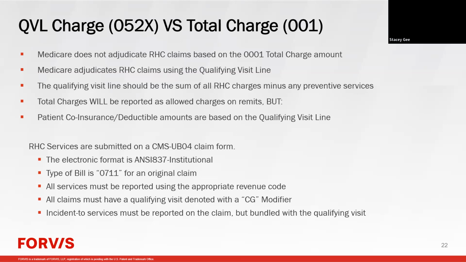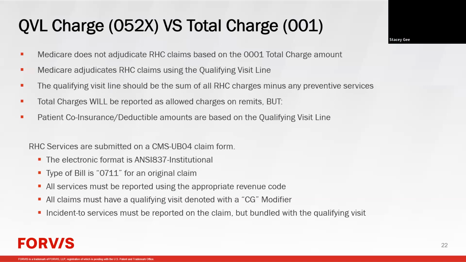Okay, so when we start getting into the nuts and bolts of the billing, Medicare does not adjudicate your RHC claims based on the total charge amount. They adjudicate that claim based on the qualifying visit service line.